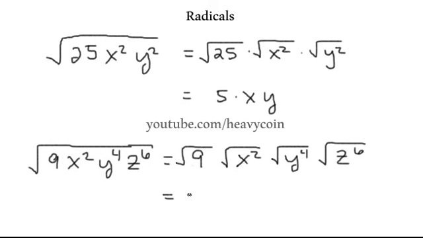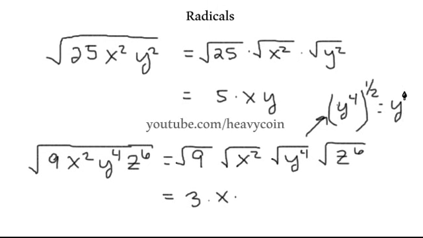So the square root of 9 is 3. The square root of a square is just going to be x. This one here might be a little trickier. Remember, y to the 4th, and it's all raised to the half power. 4 times a half is 2. So we're left with y squared.